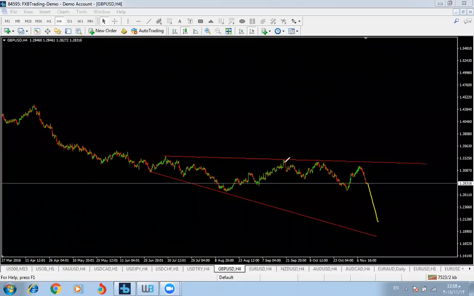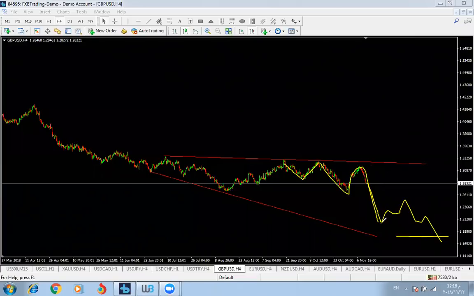The whole structure, this is wave 1, this is wave 2, and the whole structure is wave 3, then we should see ABC, then wave 4 to the downside.